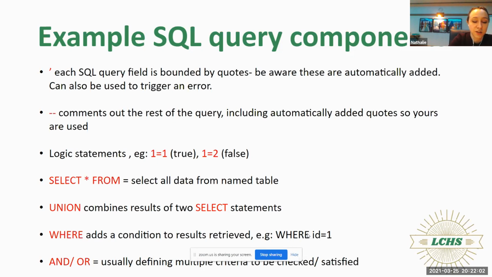Where just adds a condition. So for example, where ID equals 1, it will return everything from the database where that condition is met. So the row where ID equals 1 is very straightforward. And then and or are words that are used as well, and they'll usually define multiple things that need to be checked before it passes back from the database.